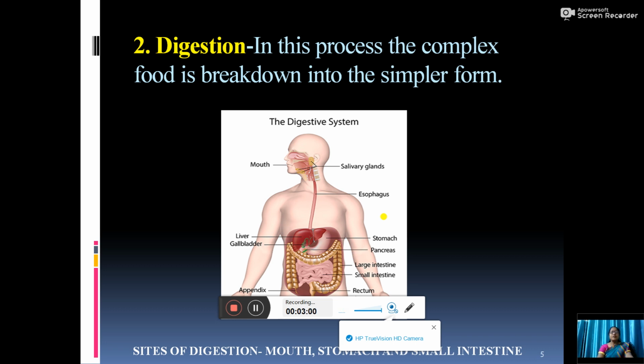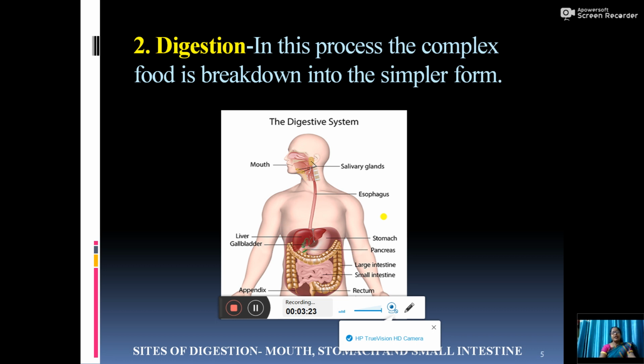So the larger particles are broken down into simpler form, and you know that this starts from the mouth. We are taking a larger piece of chapati, then it is crushed and chewed in the mouth. You know very well.